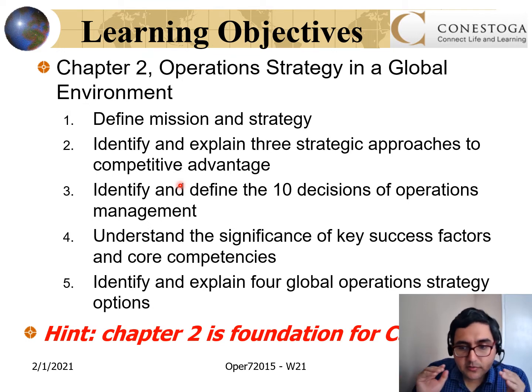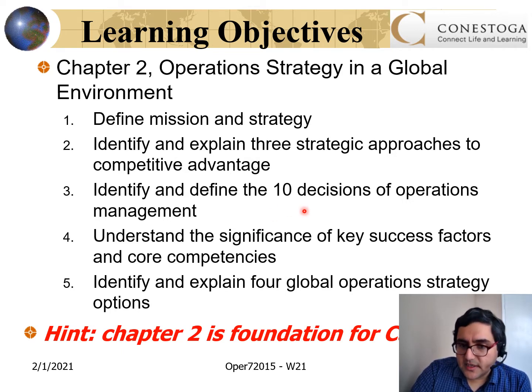So understand whatever we study in this particular thing is applicable to any company that you can think of. Then we will identify 10 different areas of operations management, the various decision makings which happen in the operations management.